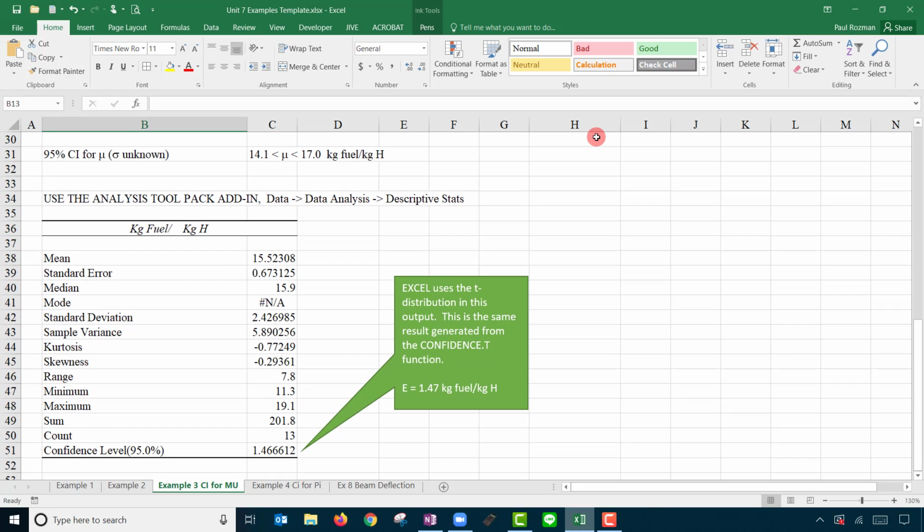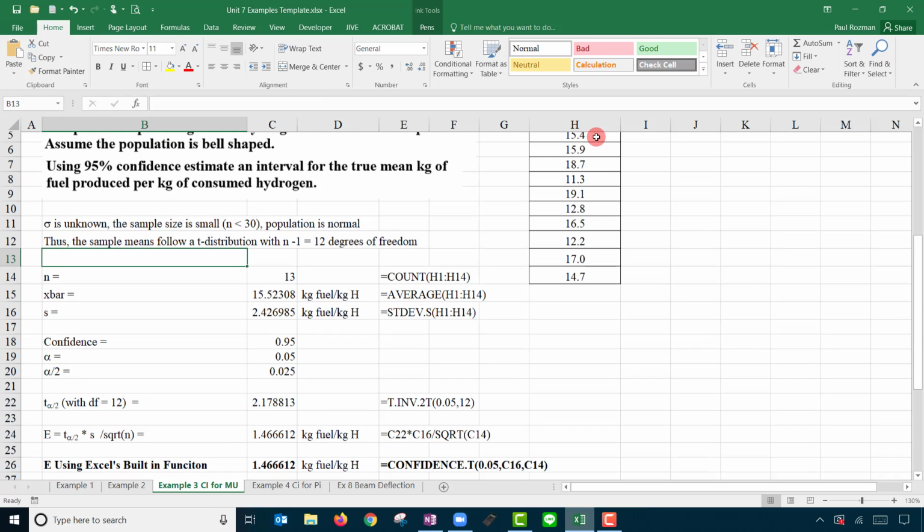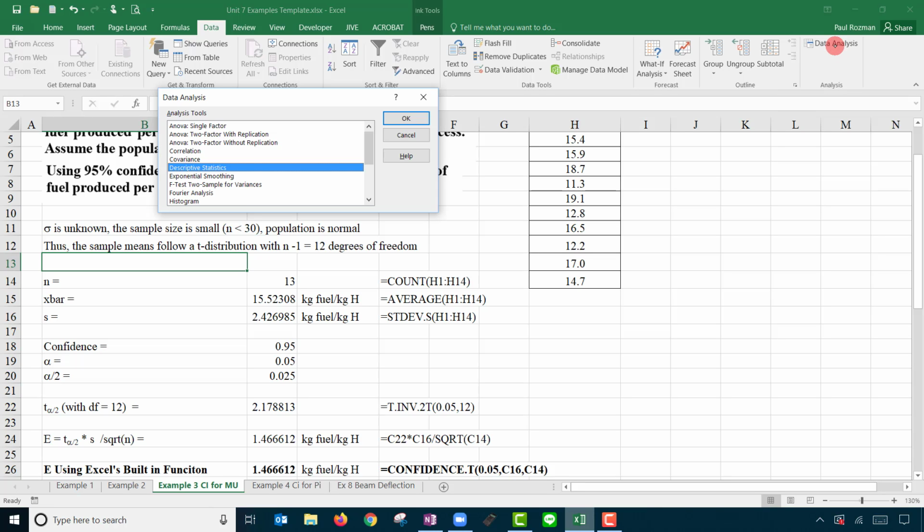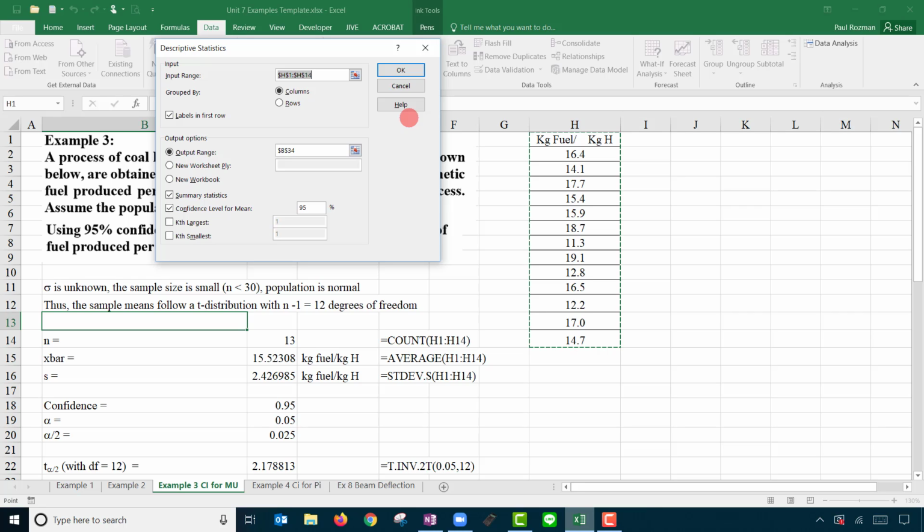I guess I could show you where that is. Remember, it's under data, and then there was data analysis. You did do something to add it in. And then there are different choices under data analysis, and one of them is descriptive stats. And then the first box here, you input the values.